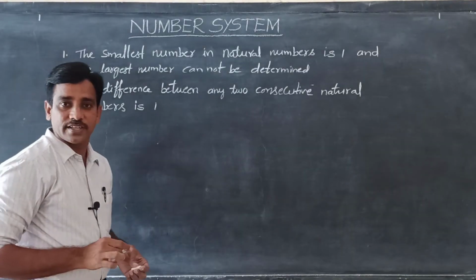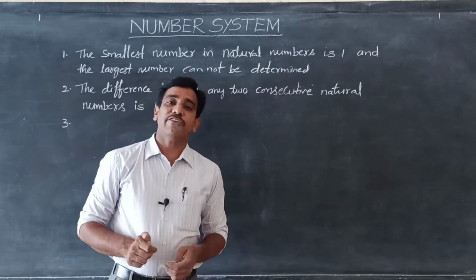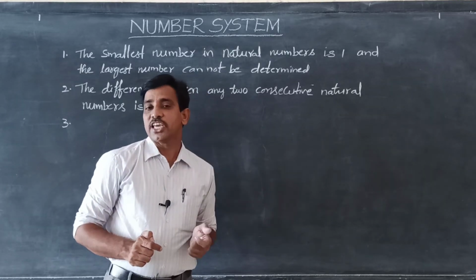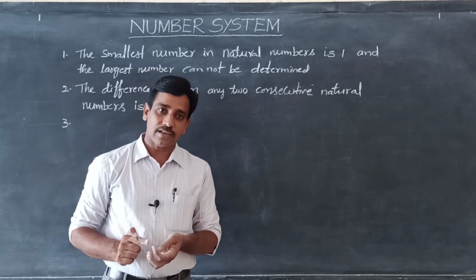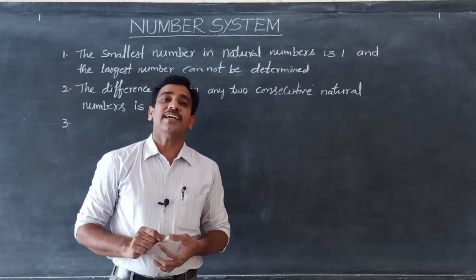Now the third point: suppose given a natural number, if we add 1, we get its successor.